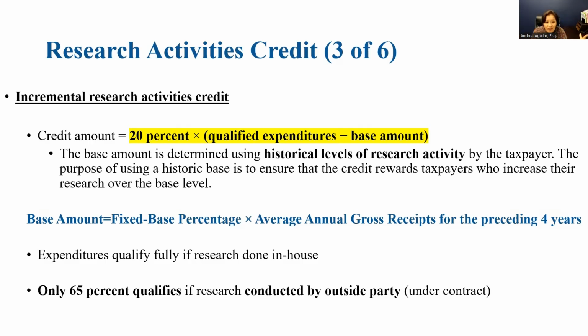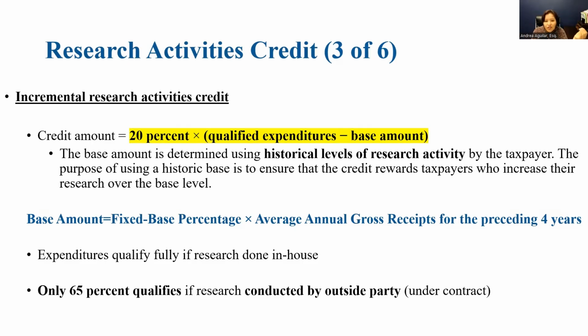But generally, whenever you are trying to calculate these expenditures, we want to see what is the incremental research, how much you are spending to expand your research activities, and you're going to get a credit for that increment.